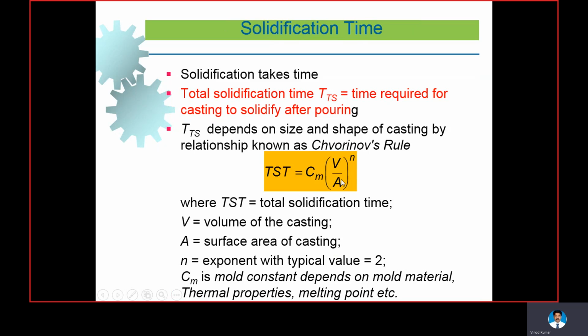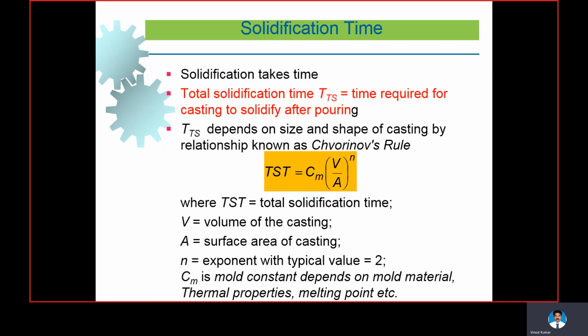V is the volume of casting, A is the surface area, raised to n, where n is a constant exponent with a typical value of 2. Cm is a constant called the mold constant. It depends on the material of the mold and on the thermal properties, etc. This is the equation which is called Chvorinov's equation.